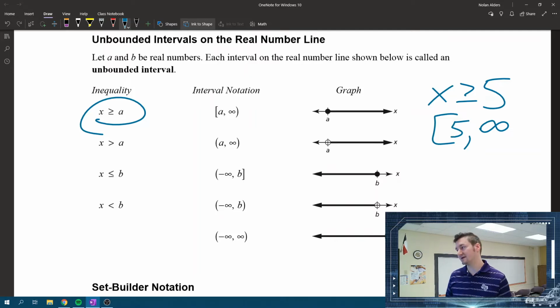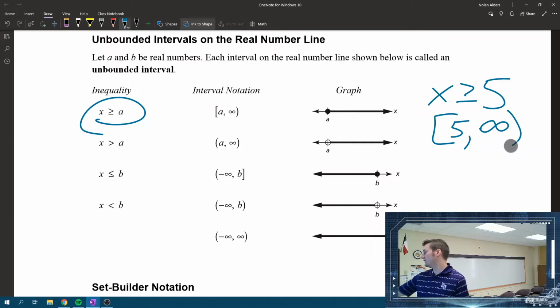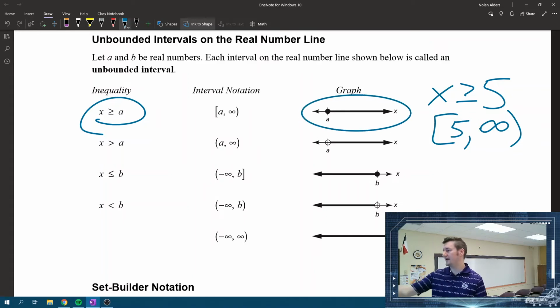We can't actually include infinity because infinity itself is not actually a proper number. So we don't ever include infinity in our set, so always put a parenthesis next to infinity. Okay, and we can see that also with our graph here. We start at a and we go out to the right to infinity, so it's unbounded. There's no endpoint on the right side.